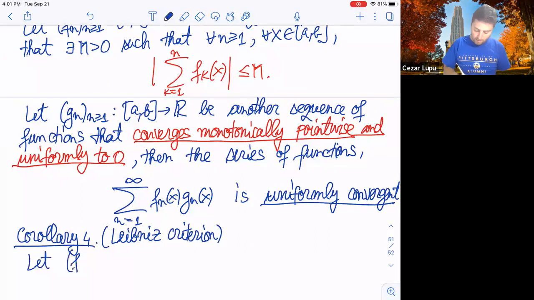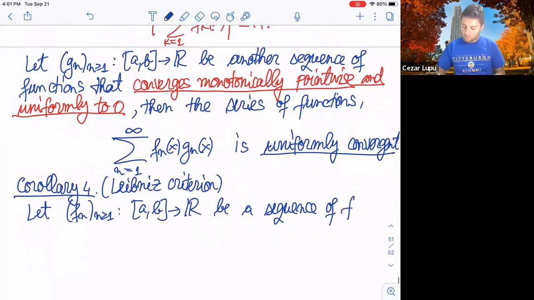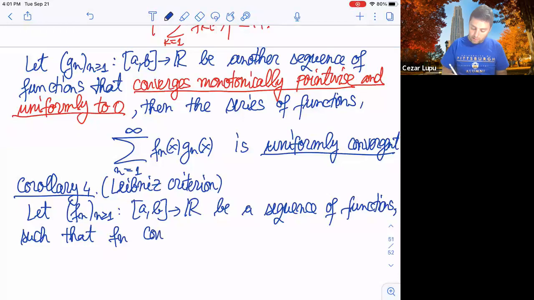Again, let's consider Fn to be a sequence of functions, and this sequence of functions has this property: Fn converges uniformly to 0.